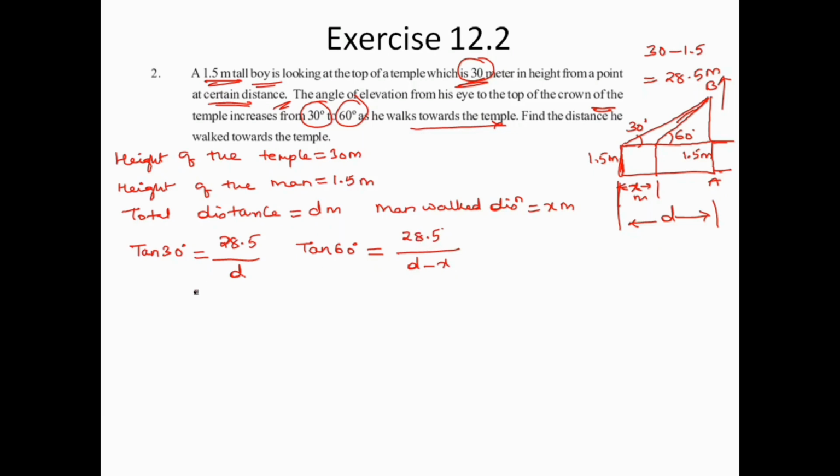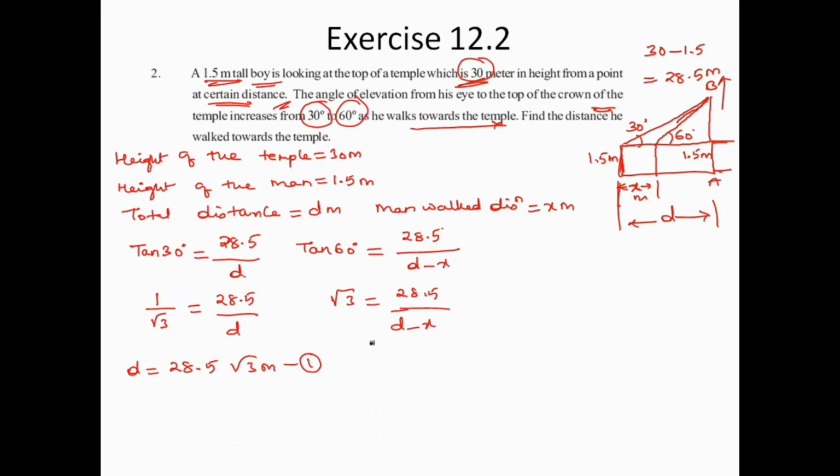Okay, so the value of tan 30 is 1 by root 3 is equal to 28.5 by d. I am doing the cross multiplication so that I have left out with this answer. So let me name it as equation number 1. So tan 60 is root 3 is equal to 28.5 by d minus x as your answer.